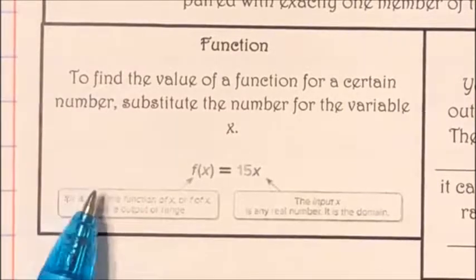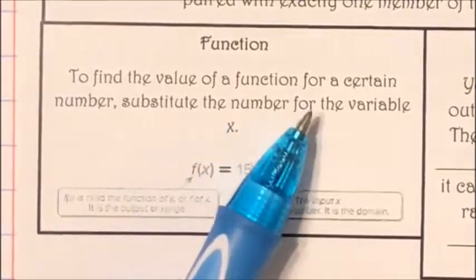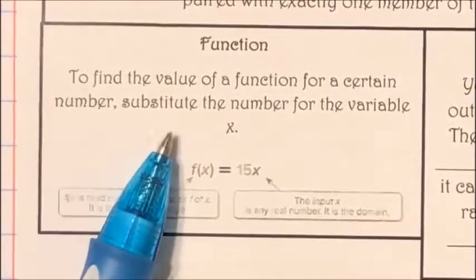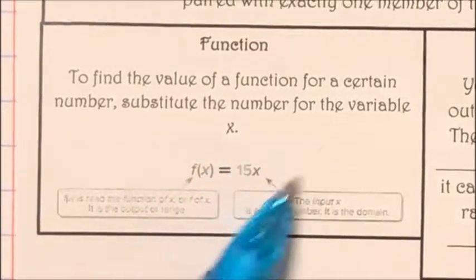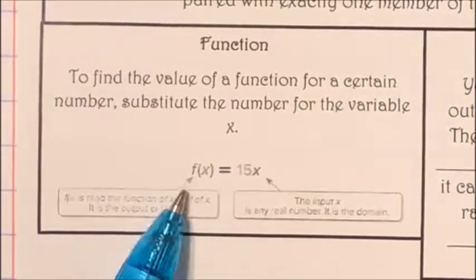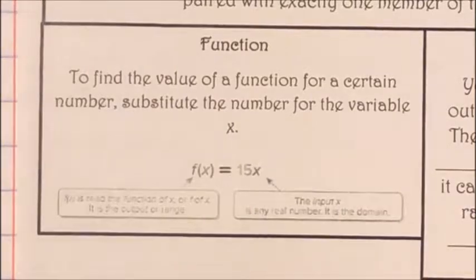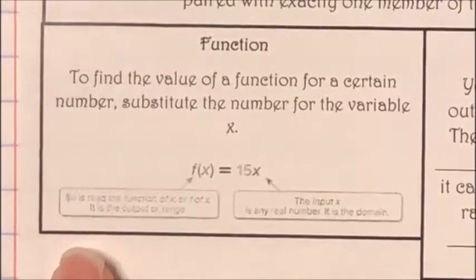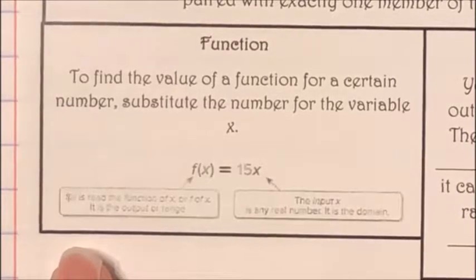To find the value of a function for a certain number, I can substitute the number for the variable x. For example, f of x, and that's how it sounds. f of x is read as the function of x.